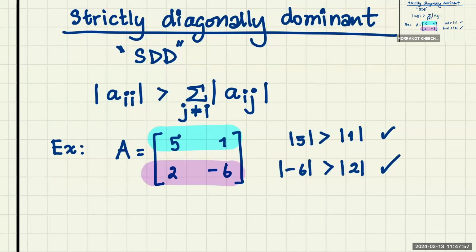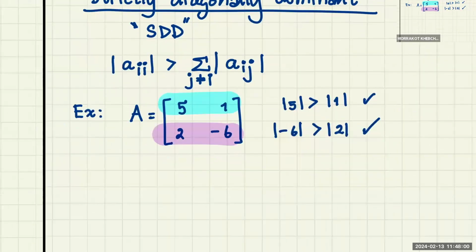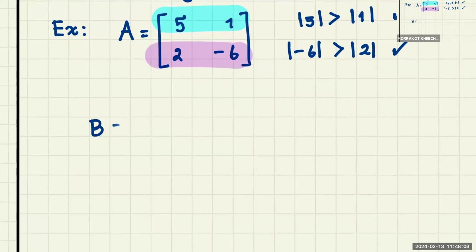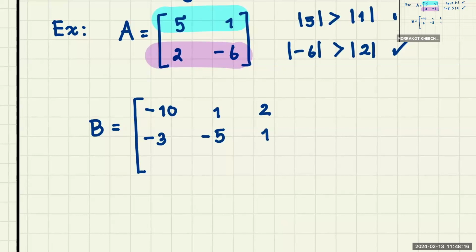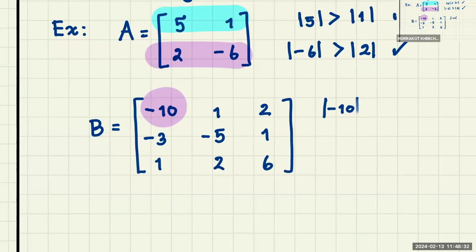Okay, I just introduced you to the matrix. Let's see. If I have matrix B, so now you look at the elements here. You have the absolute value of -10 greater than 1 plus 2.